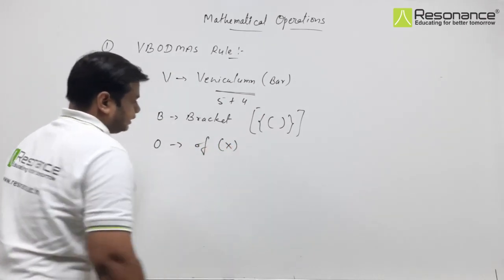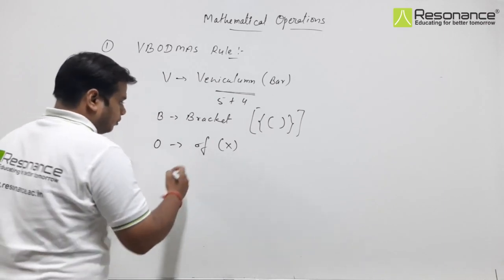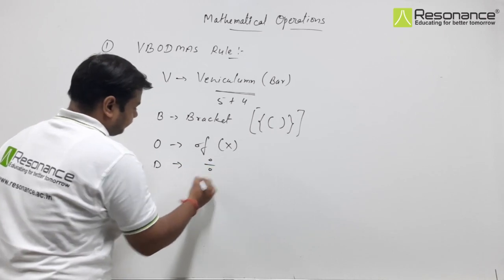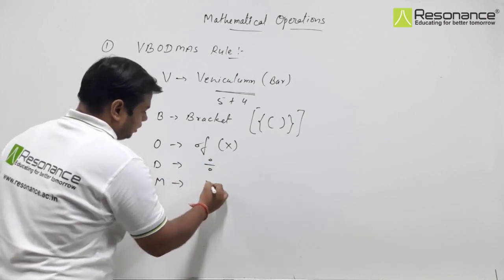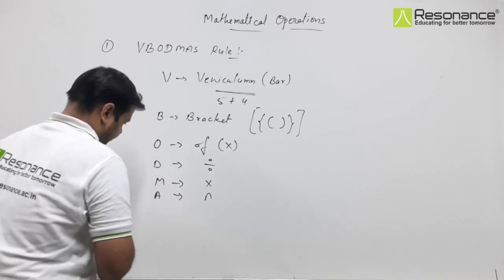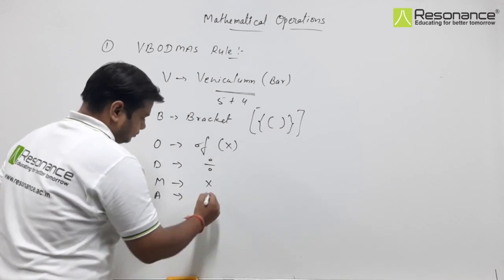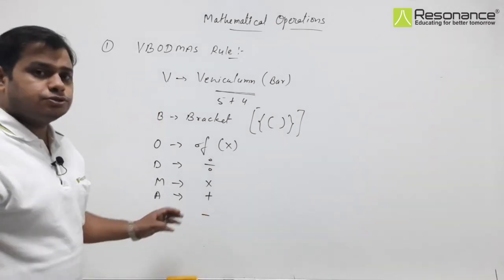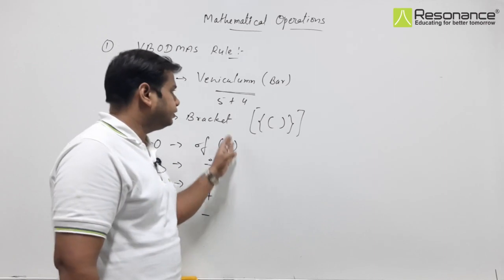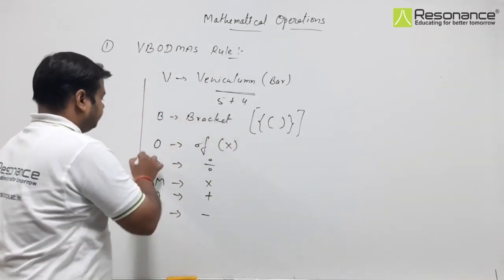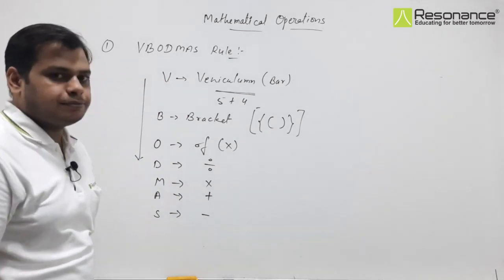Off means multiplication. Remember this thing. O means off. D means division. M multiply. A addition. And S subtraction. So to solve any kind of mathematical equation, this is the procedure. We have to follow this rule to solve any kind of mathematical equation.